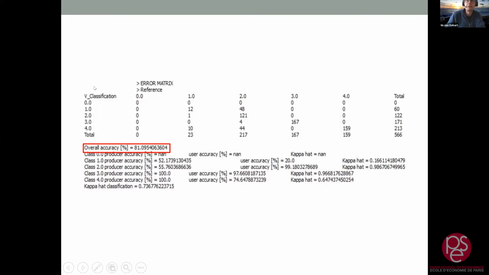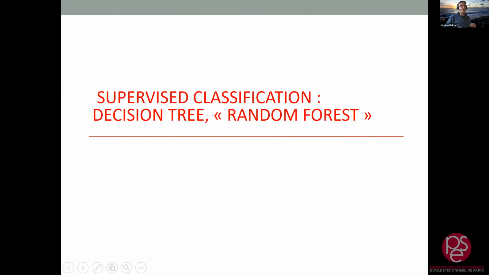There will always remain some errors, and this is why other algorithms are developed. Among these, random forest is very much used. I'm pretty sure most of you already know random forest. I will describe the basis of that.